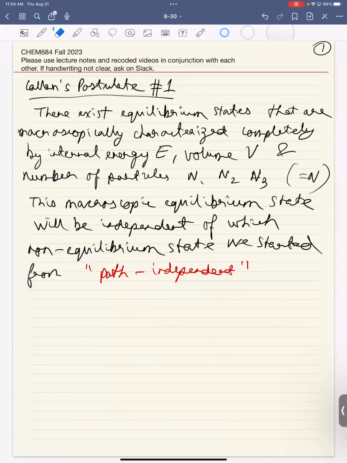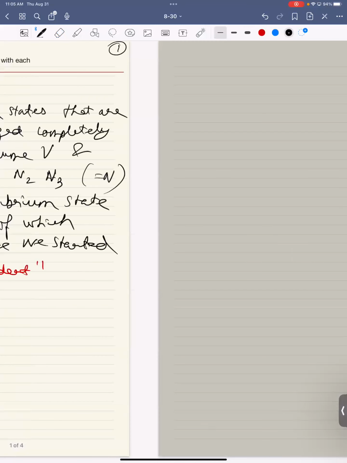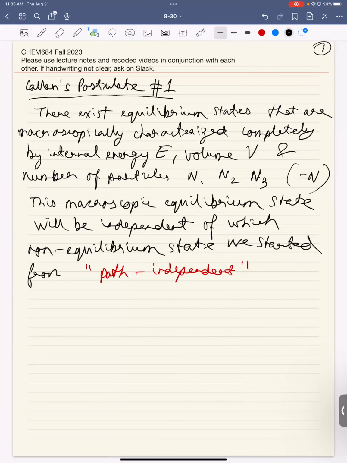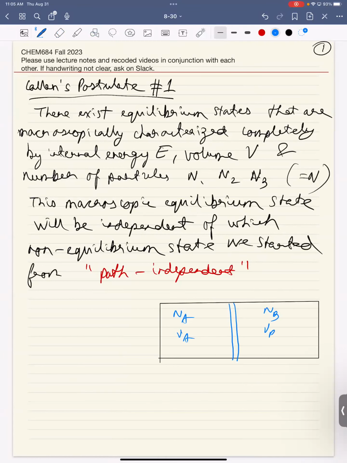So this can become more concrete if you look at the example of the internal constraint example, right? So we said that we had an internal constraint that was right here in the middle, and we had NA, NB on the left hand, NA and NB, VA and VB, so on and so forth, right? And then we removed the constraint, or we allowed it to move and everything, and then we got to an equilibrium state, right? Now, we could do something else.